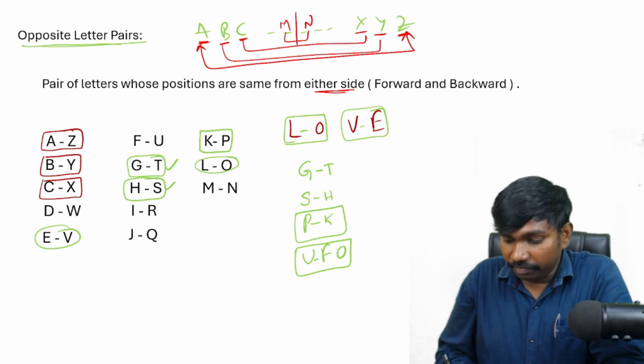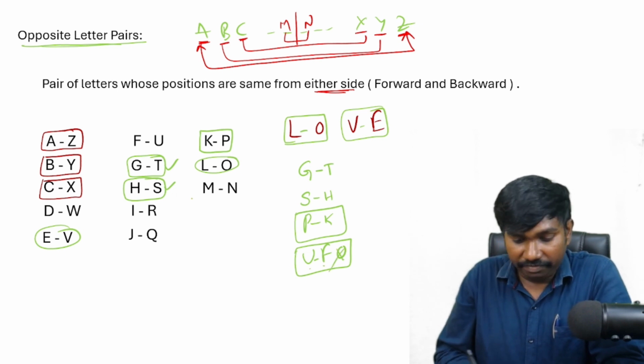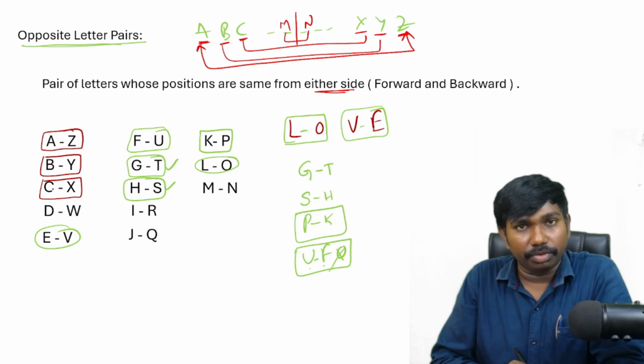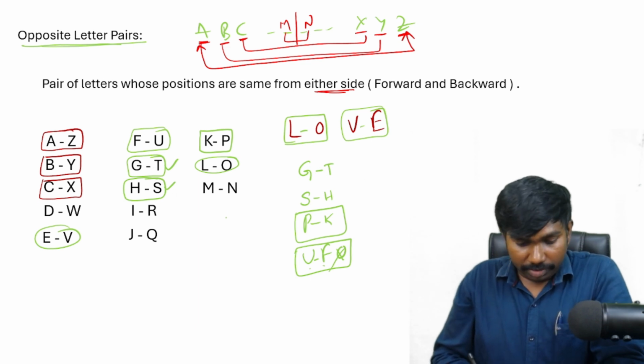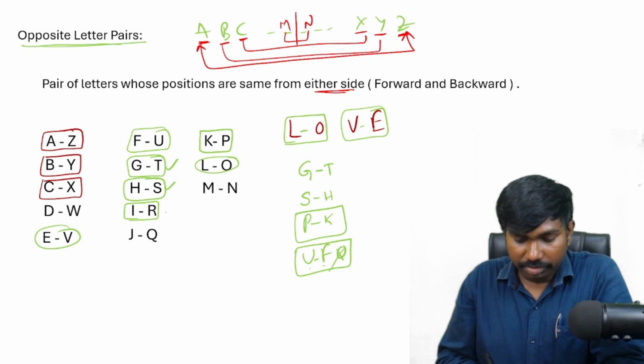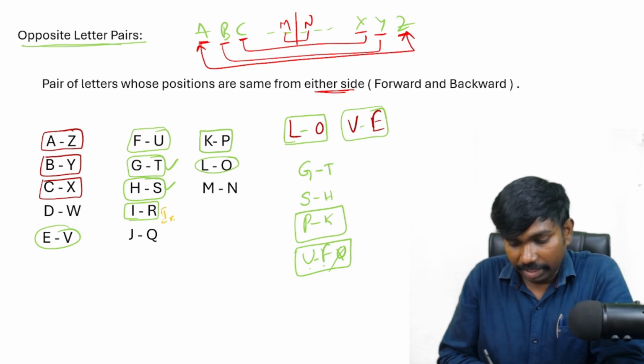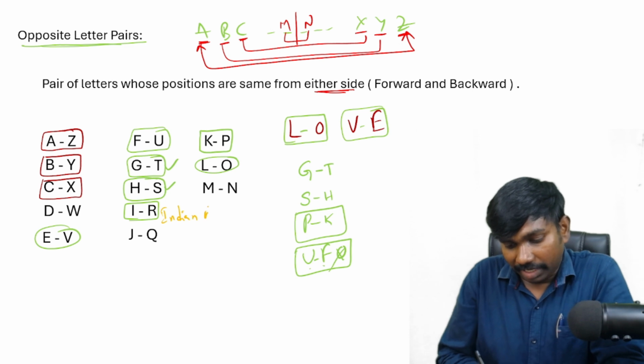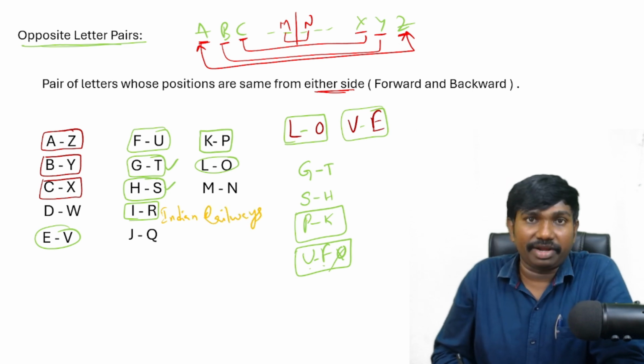So in that UFO also, we don't need O, U and F is a pair. Okay. And IR. So we can keep a trick for IR like Indian Railways, right? Indian Railways. Or we can use infrared also.